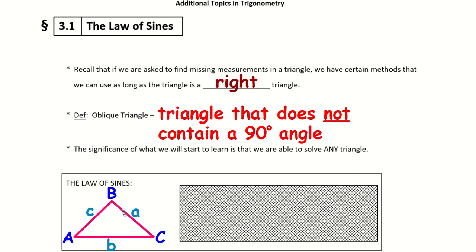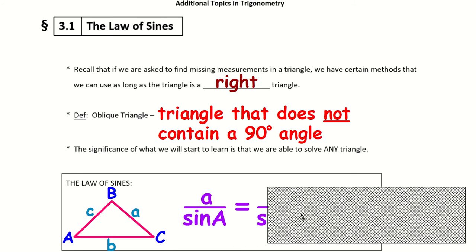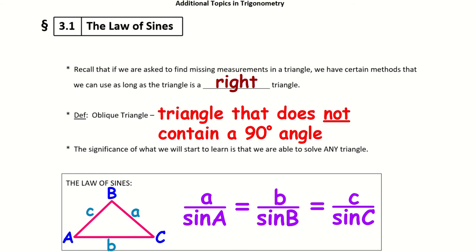So if your triangle is labeled like so, then here's what the law of sines formula is.